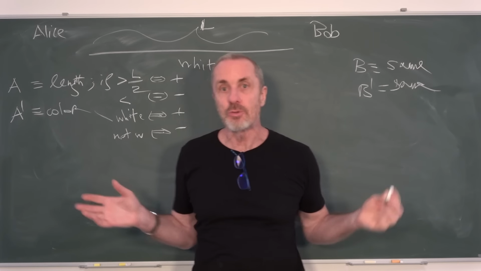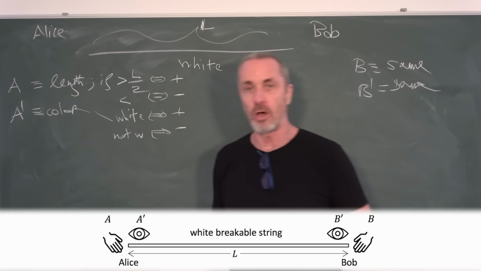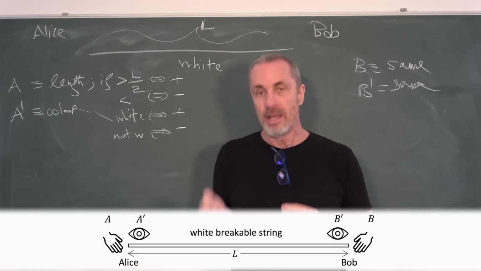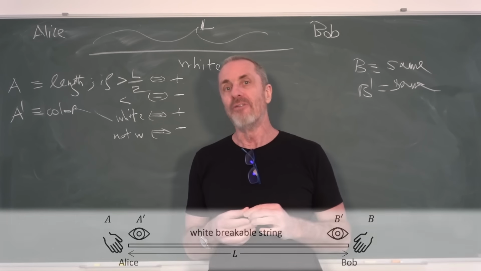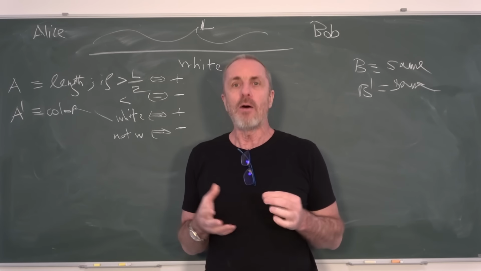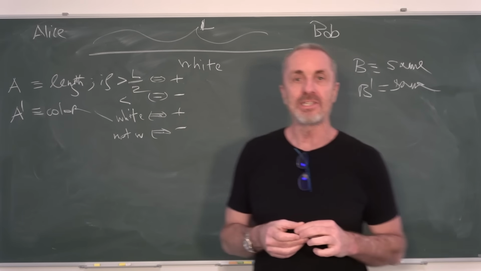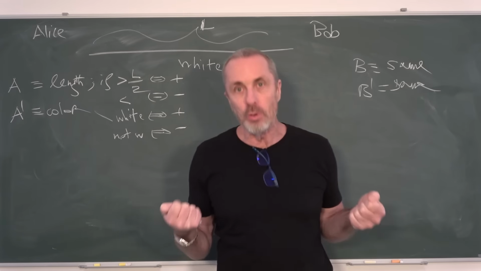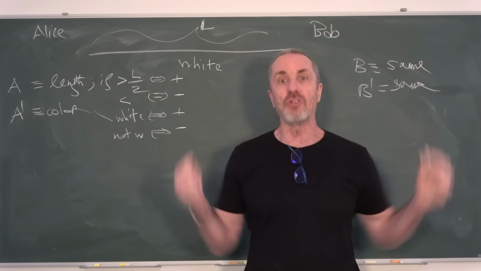So we have these two different measurements. One is a length measurement, the other is a color measurement. One of the two requires pulling the string, the other does not. And Alice and Bob perform these measurements together. Now, what happens when they do so? Here we immediately see something. When Alice and Bob jointly pull the string, what I have not told you yet is that the string is breakable.